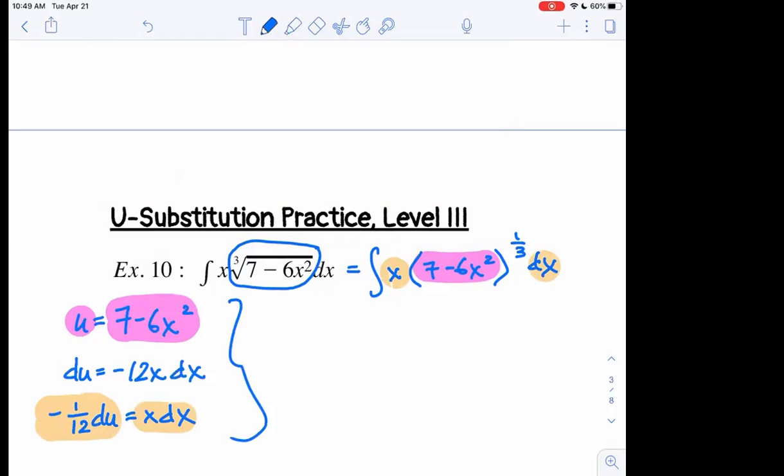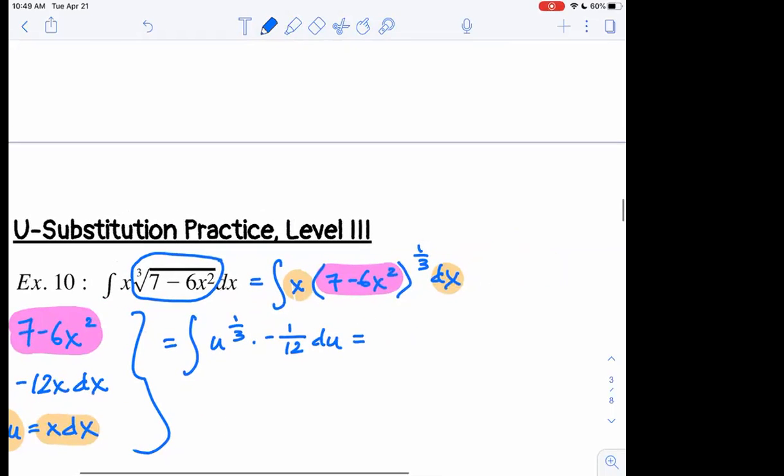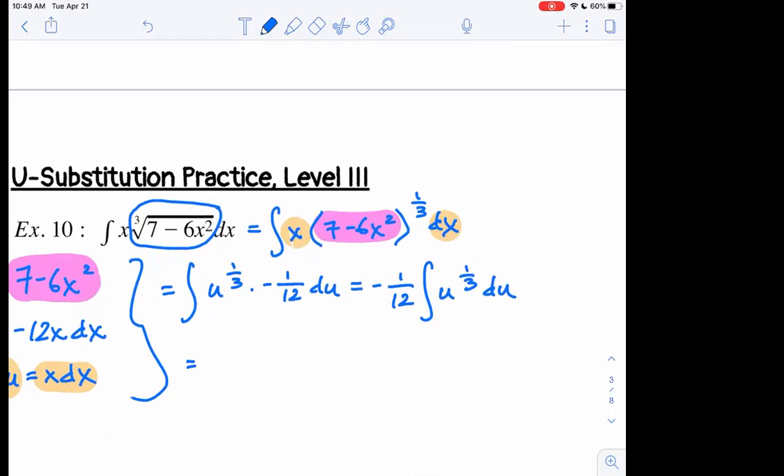So let's substitute. I've got u to the 1/3 times negative 1/12 du. What does that give me? That gives me a negative 1/12 I can pull out to the front, u to the 1/3 du. That gives me negative 1/12, power rule time. u to the 1/3 plus 1 gives me 4/3, and then the reciprocal of 4/3 is 3/4, plus c.